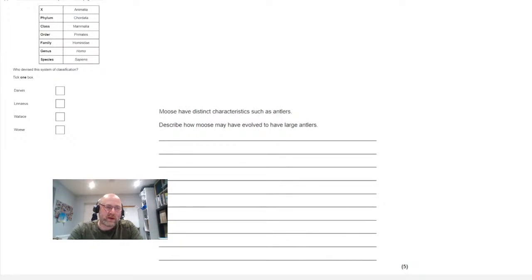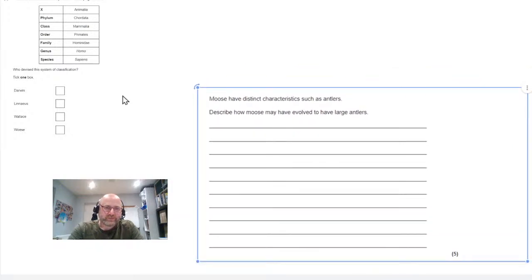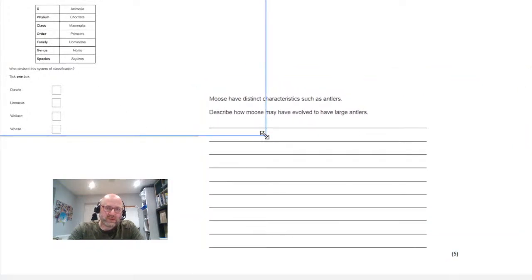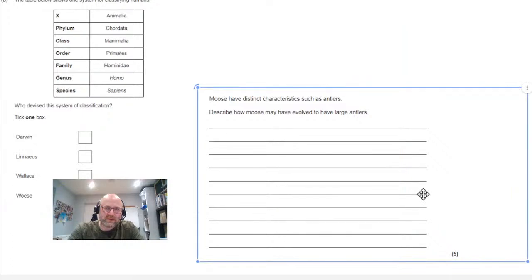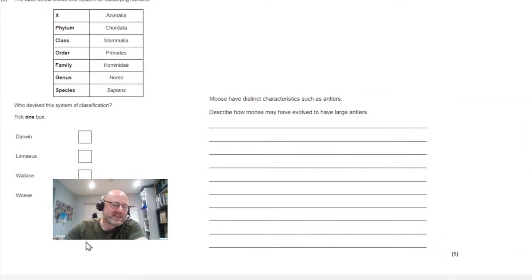Right, there's another one here. I will go over the decay later. Let's just have a look at this one first. Who devised this system of classification? The kingdom is animal. Basically, you just have to recognize what's an animal and a plant.